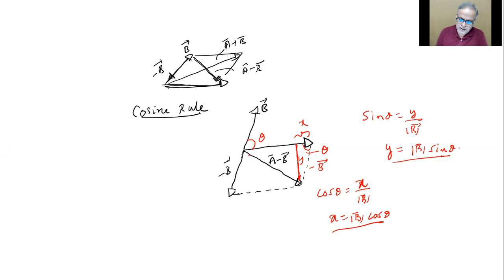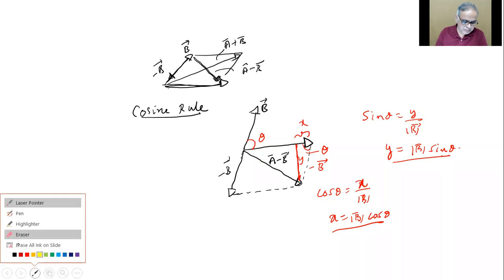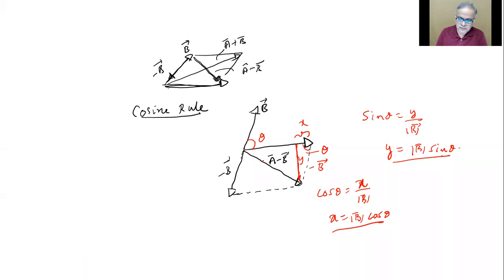Now, when I want the hypotenuse square in this right angle triangle, which I am showing there, apply Pythagoras theorem. Mod of this whole square equals this length square.